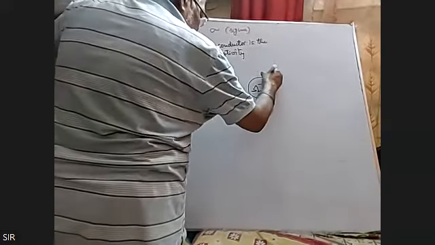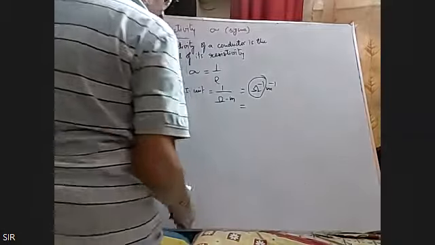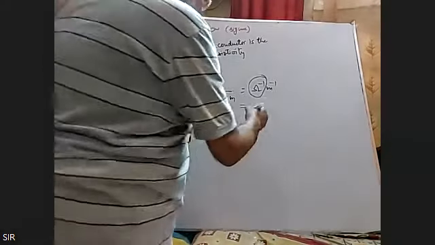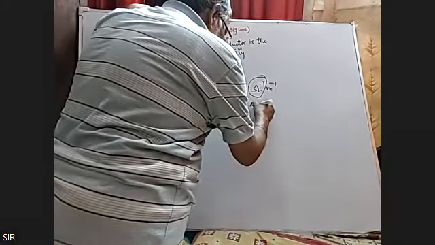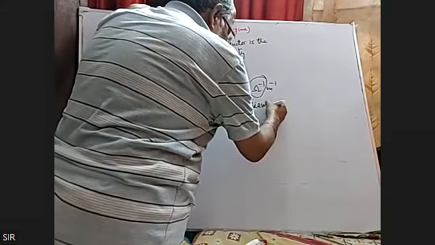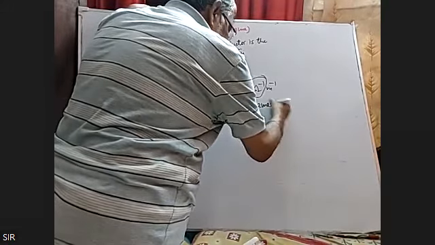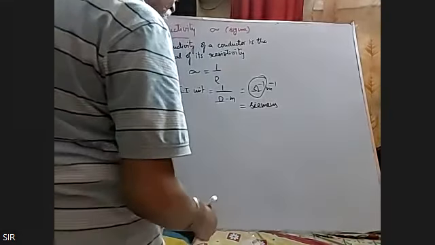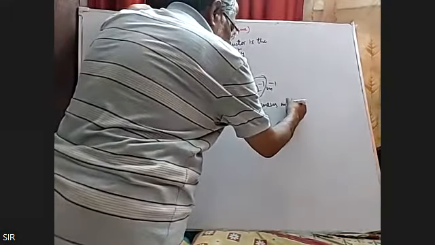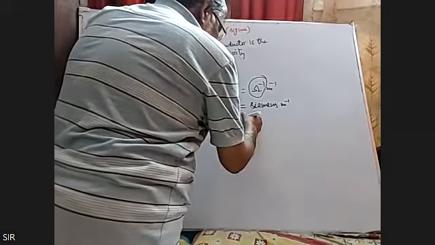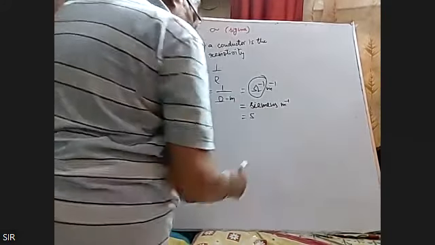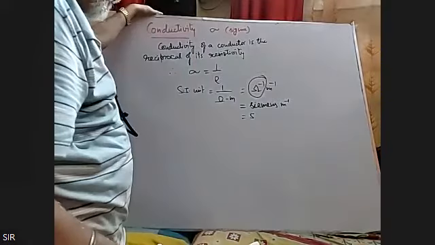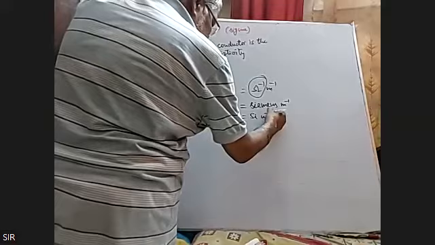This ohm inverse has been given a name, Siemens. So the unit is Siemens per meter. In short, we write S m inverse.